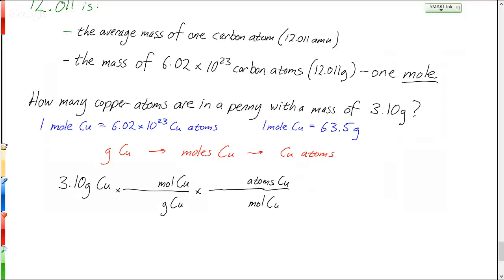So let's use those equalities to fill those numbers in. The molar mass tells us that there's 63.5 grams of copper in every 1 mole. And Avogadro's number, that mole number, tells us that there's 6.02 times 10 to the 23rd atoms of copper in every mole of copper. So we cancel grams of copper, we cancel moles of copper, and we're left with atoms of copper.